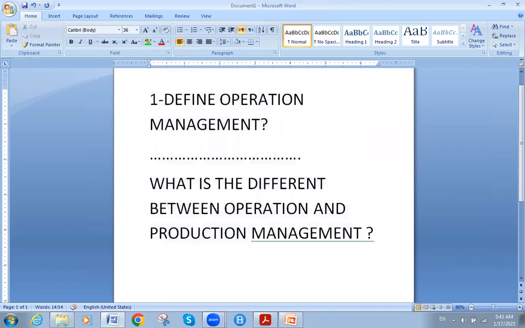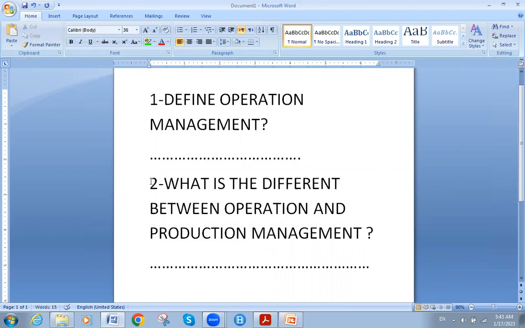That's the first question, and this is the second question. Like we said, operation goes to services, while production is used for the things that are tangible, that you can touch, like the goods. So production focuses on the goods, while operation focuses on the services.